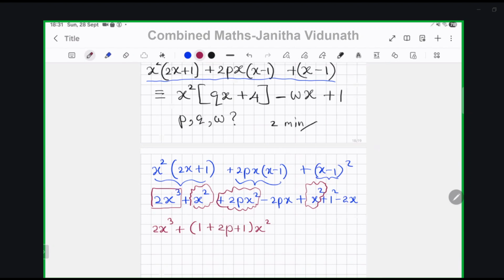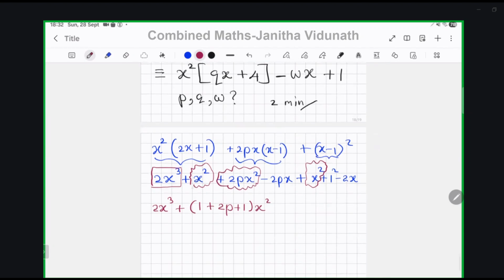Let me repeat. Here the first x square term is 1 times x square. Here the second x square term is 1 times x square. So I may further write this. Here we have x square plus 2px square plus x square.